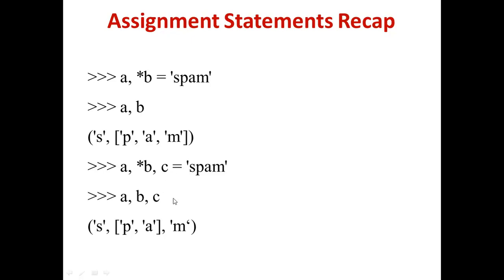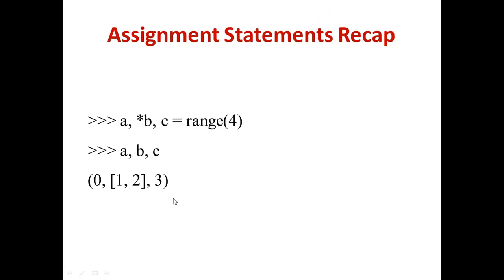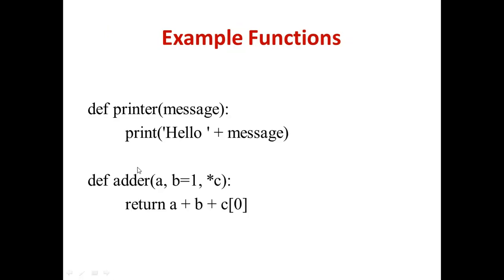That's what is happening. And even if you go for a range, my first and last range values will be assigned to the specific variables A and C. All the remaining range values are assigned to B. That's what is happening. Okay, now come to the functions example.